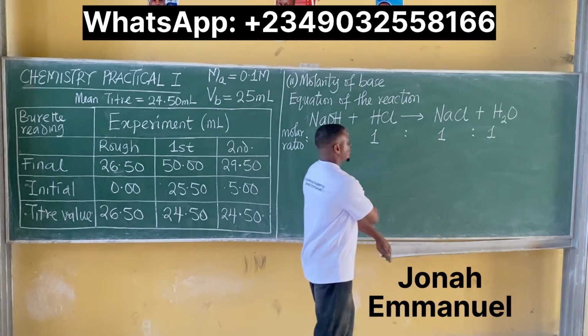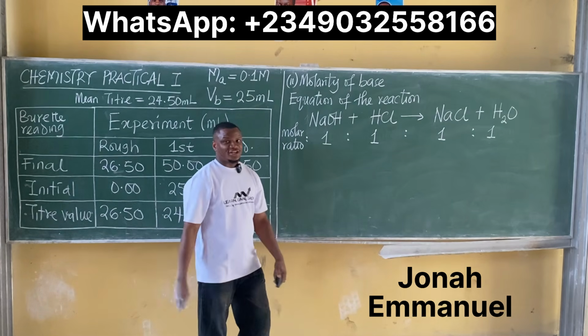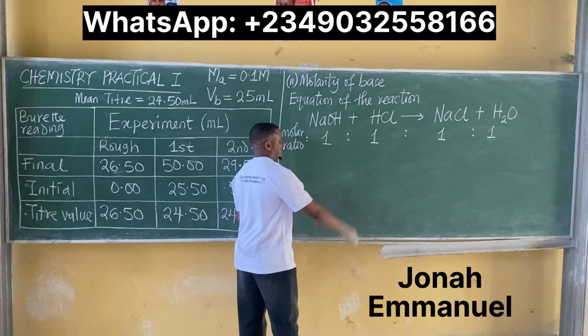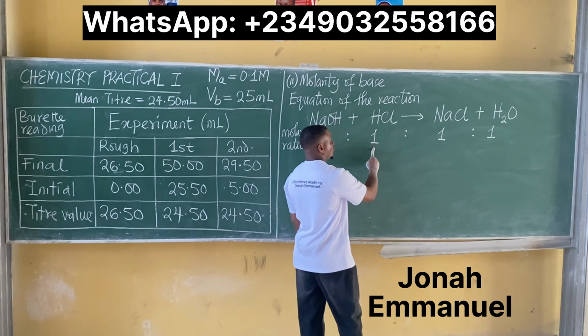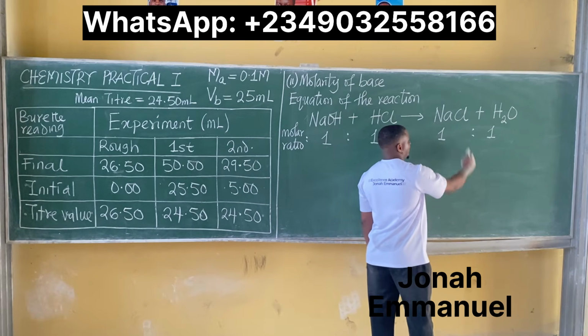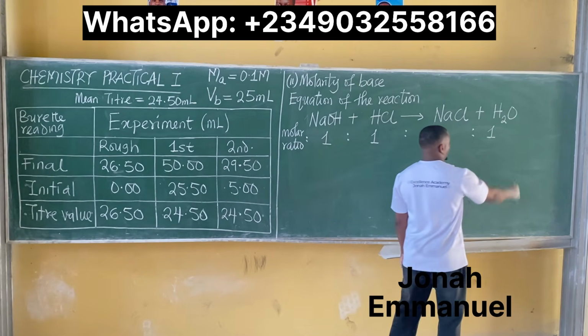So what you're seeing here are the number of moles. In essence, 1 mole of sodium hydroxide will react with 1 mole of hydrochloric acid to give you 1 mole of sodium chloride and 1 mole of water.